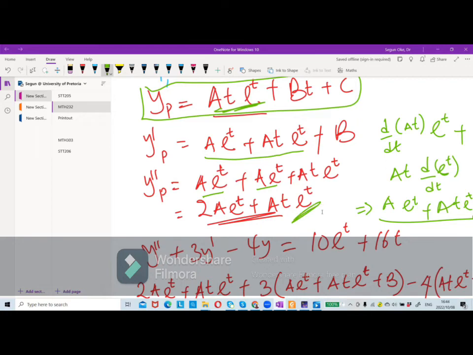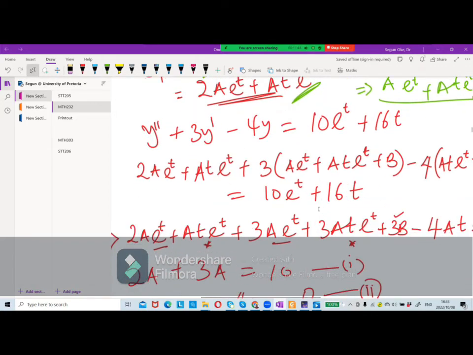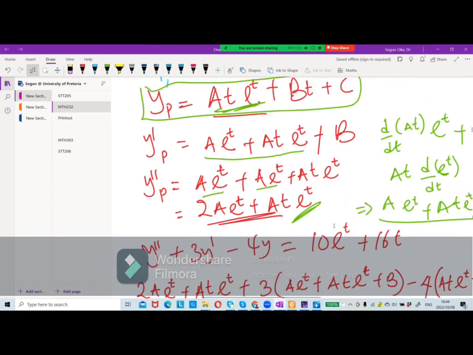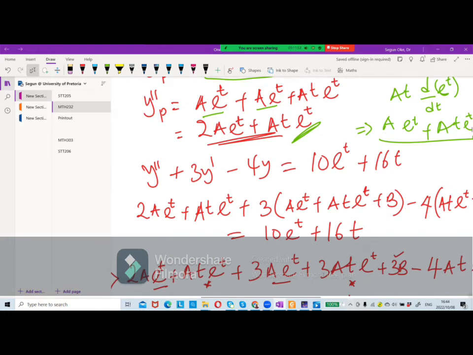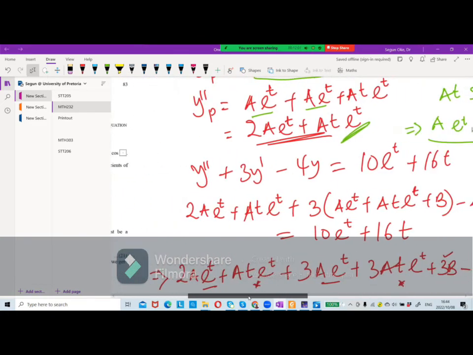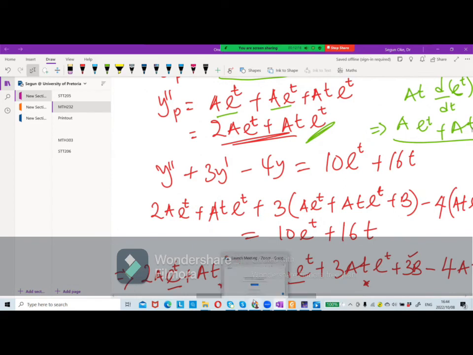So we go back to our general equation. Call it equation star or equation 1. It depends on the way you number your equation. Then substitute your y prime into it. By the time you substitute it very well, we're going to have something like this.